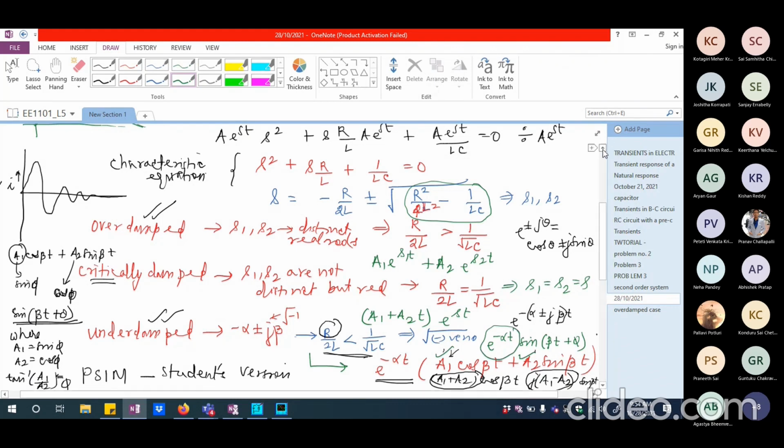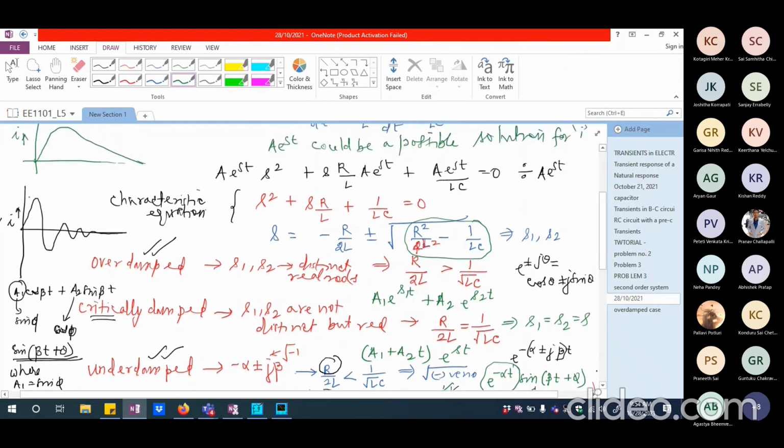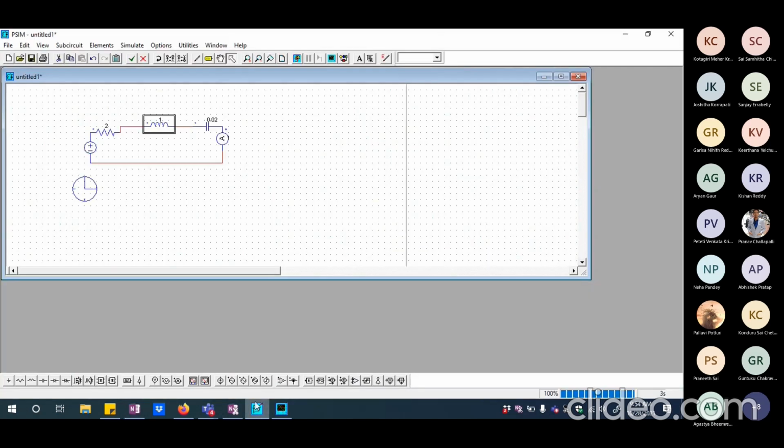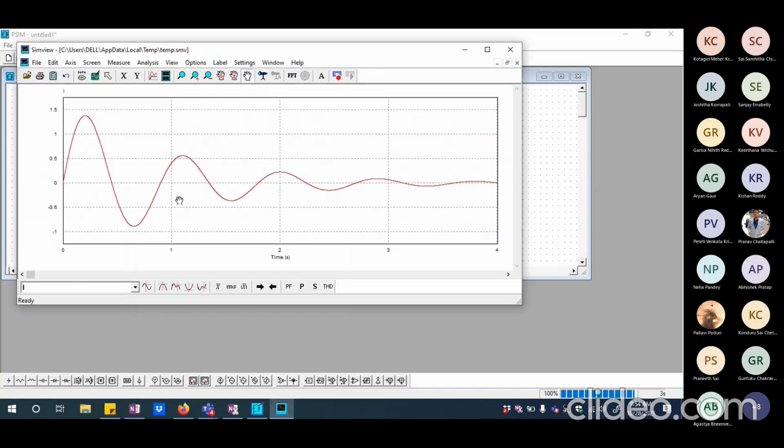That's why it is an exponentially decaying sinusoidal function, and that's what you see in the response we have got. It is exponentially decaying and ultimately becoming zero. If I had simulated it for longer, it would have ultimately decayed to zero.